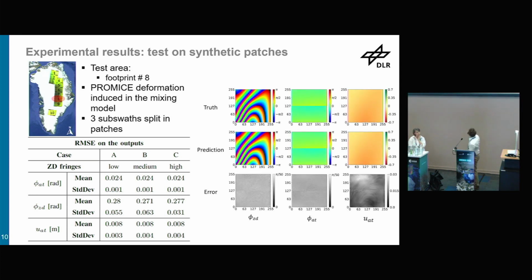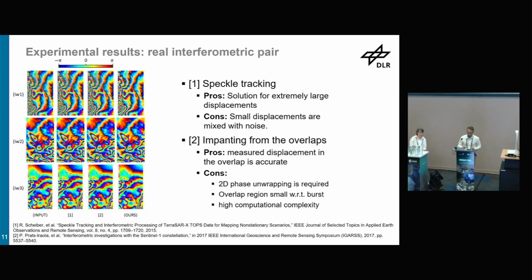I show you an example just to give you a feeling on the error. So for the phases we have error lower than pi over 50, and for the along track motion, values that are lower than 0.03 meters.